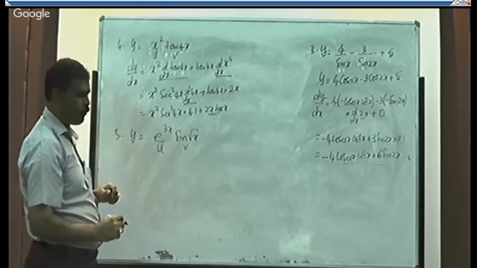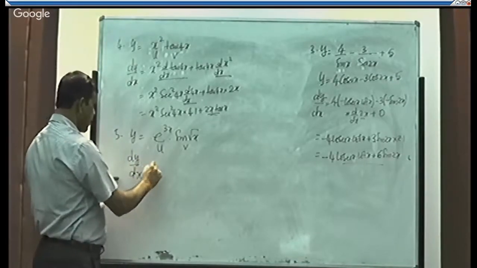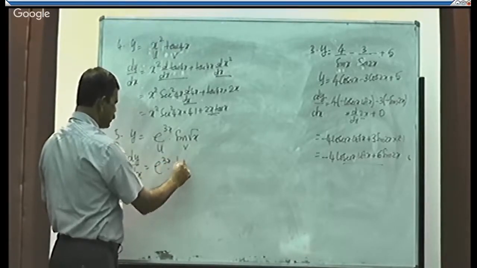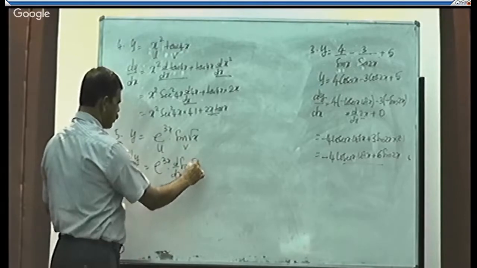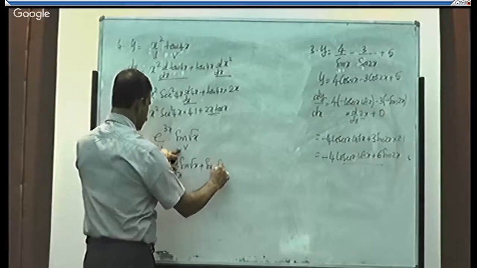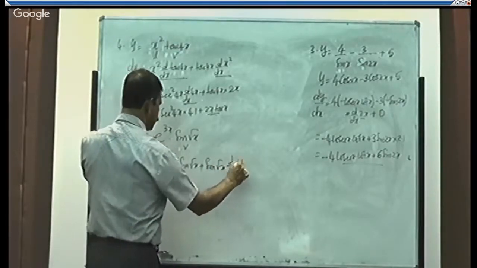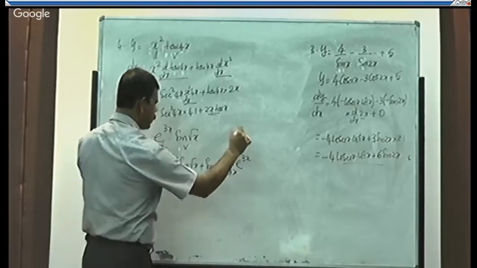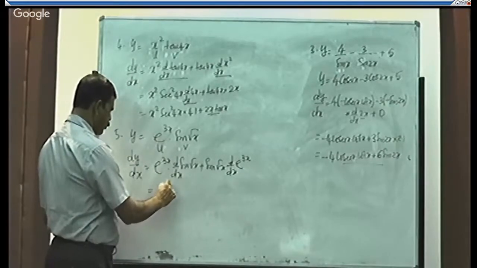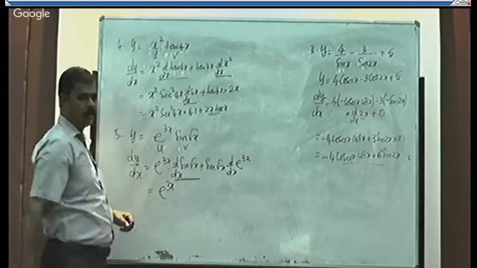Use the product rule. dy by dx is equal to e power 3x into d by dx of sine root x, plus v, which is sine root x, into d by dx of u. What is u? It is e to the power of 3x. Keep e power 3x as it is. Think of differentiation of sine root x.